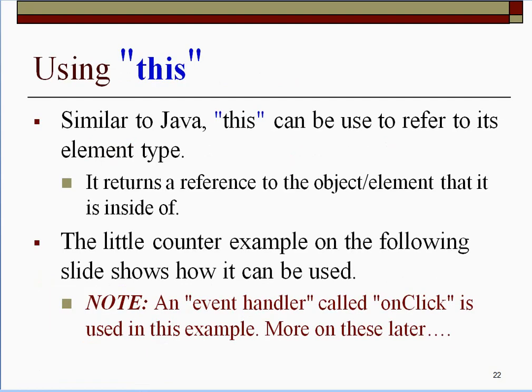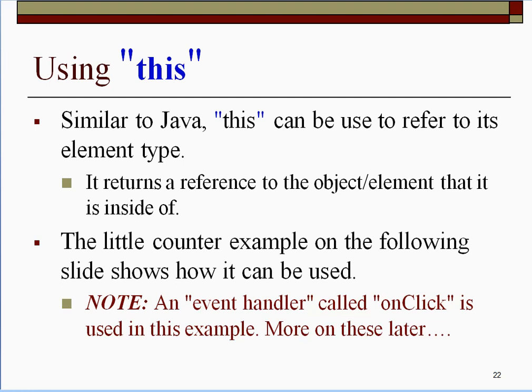Similar to Java, the keyword this can be used to refer to its element type. It returns a reference to the object or element that it is inside of. So if you use the keyword this inside a particular object or element, then the use of this will refer to that particular object or element that contains the keyword this.